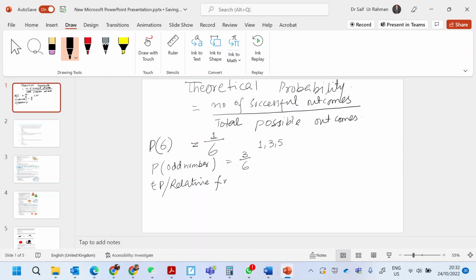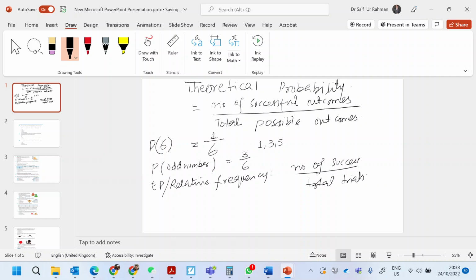So experimental probability, or relative frequency, is the number of successes divided by total trials.